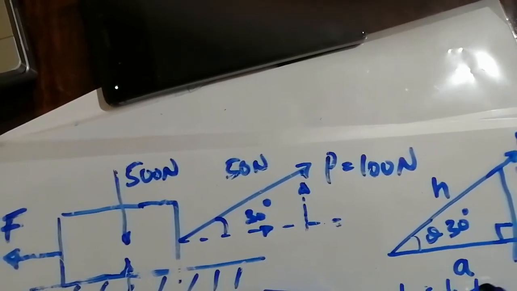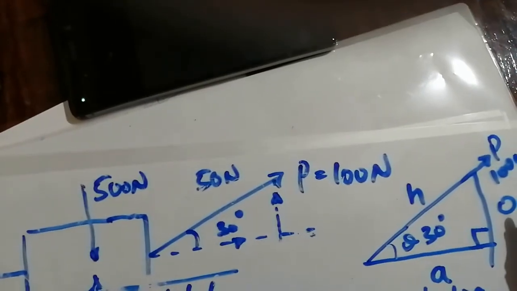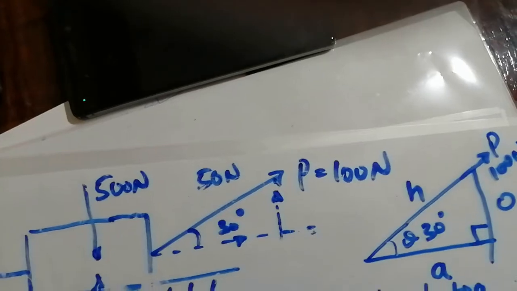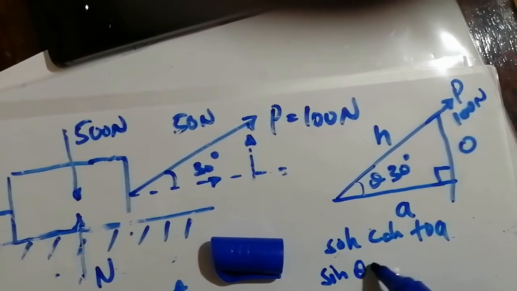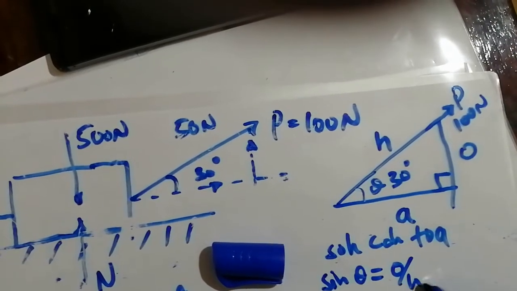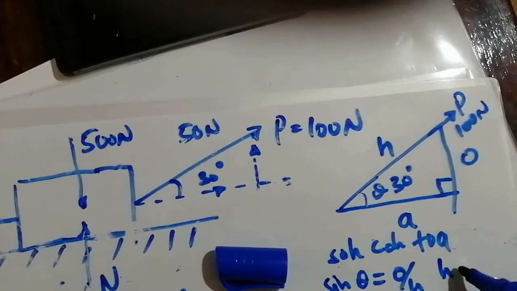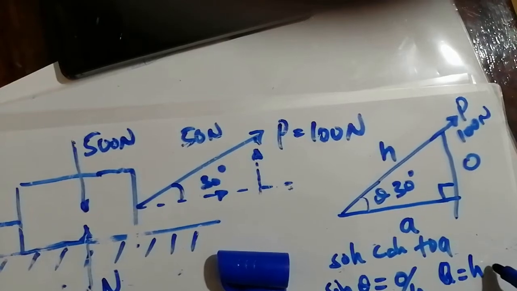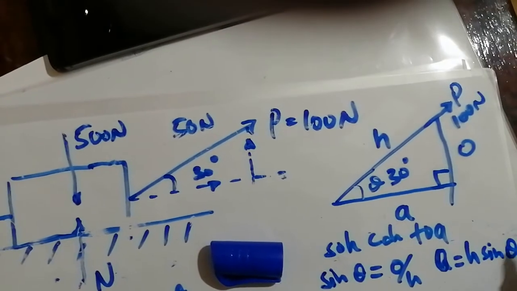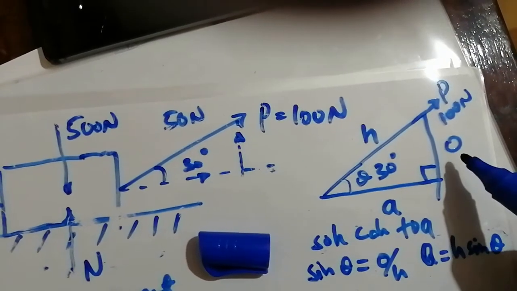And remember from your high school days, you used to remember these acronyms as SOHCAHTOA. So to get our opposite here, we see we have the opposite and the hypotenuse. Therefore, we can use the sine rule and say that sine theta is equal to opposite over hypotenuse. Therefore, our O should be equal to h sine theta. There we have our opposite.